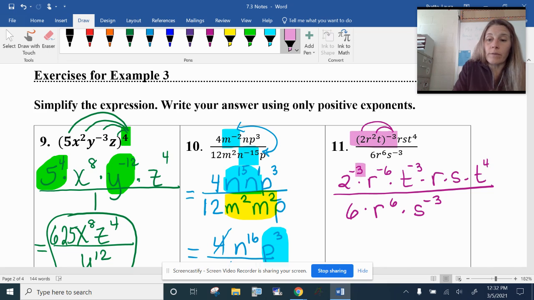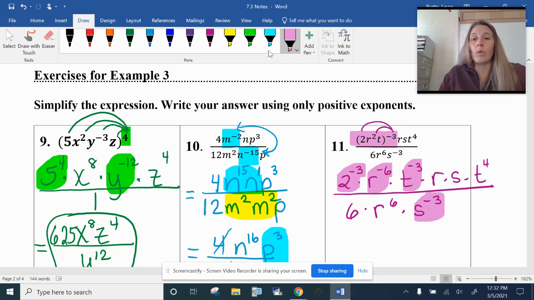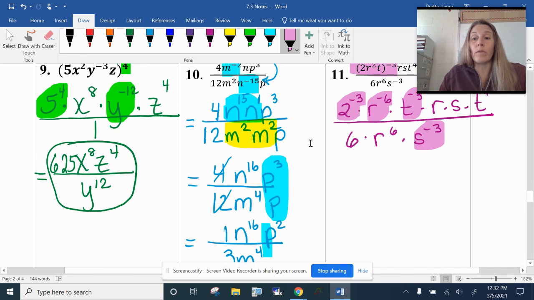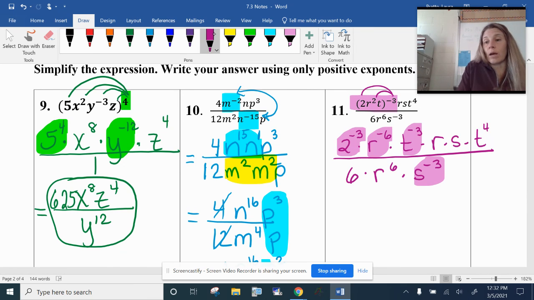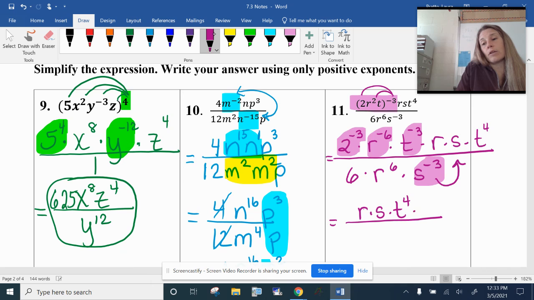Okay, now notice I have a few negative things here. All the negatives I just highlighted, I'm going to rewrite this, moving them to the opposite side. So now on the top, I still have this r, s, t to the 4th here, but then this s is going to move to the top and become a positive.